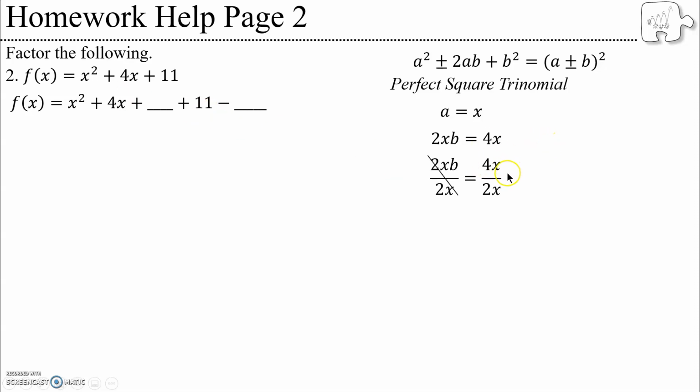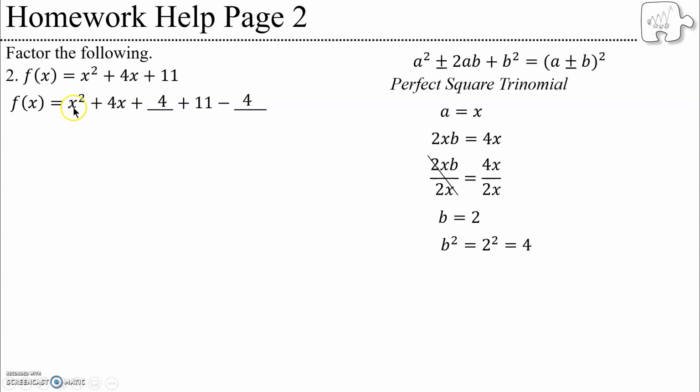The x cancels out the x, and we're left with 4 divided by 2, which is 2. So b is 2, and b squared is 2 squared, which is 4. So we're going to add 4 and subtract 4.